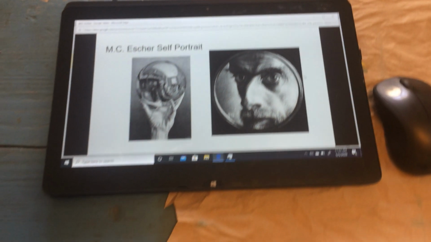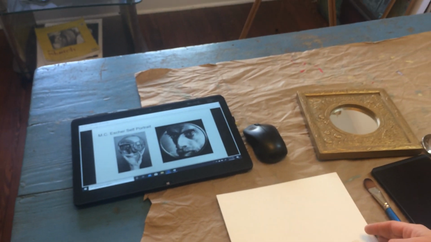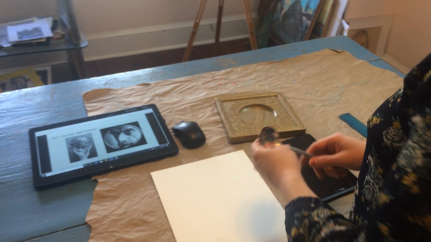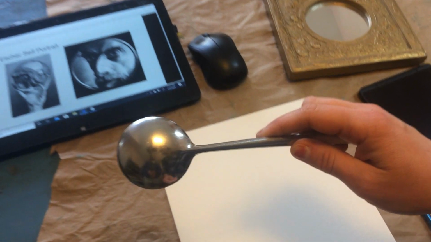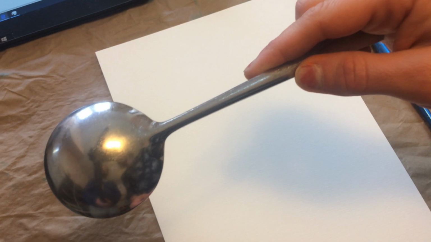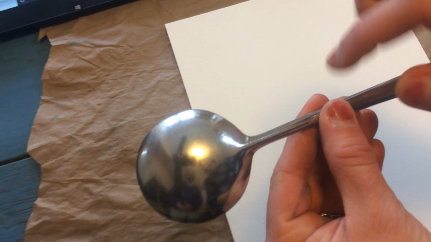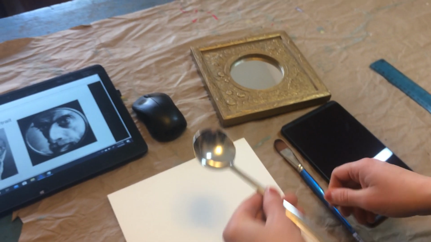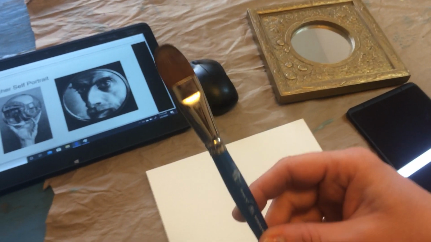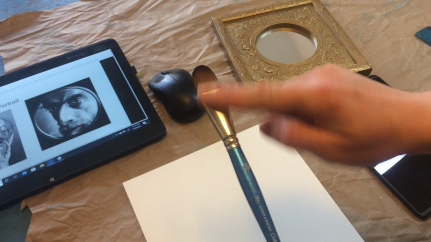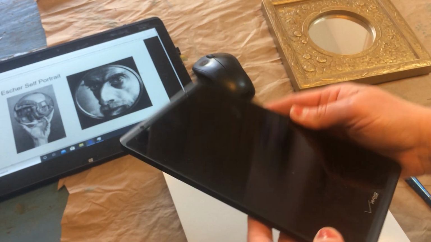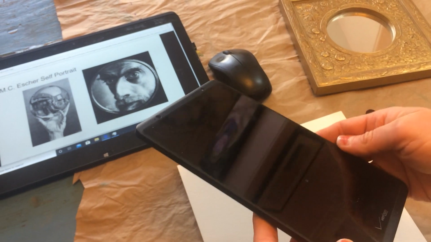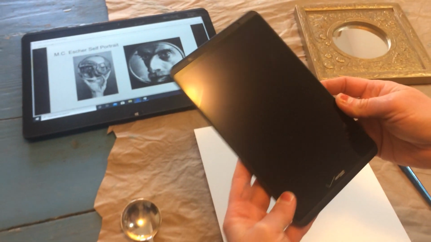But to draw this, to make something look like a mirror, first off, I just wanted to show you some things around the house that could be interesting. I have this convex spoon that I could look at myself in, and I could draw the spoon. Even your paintbrush is kind of shiny, so it's really any reflective surface that you want to play around with. Your iPad cover, when it's turned off, can be like a little mirror.